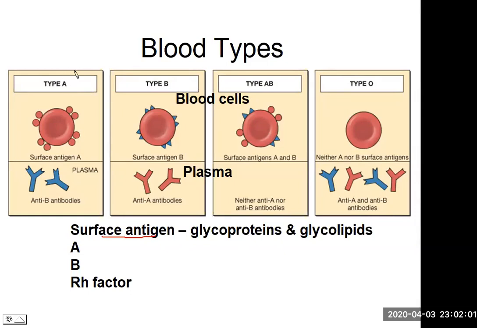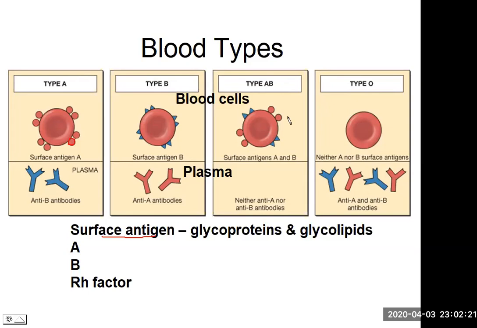So what's known as type A blood, these erythrocytes are marked here with the surface antigen A, represented here by this red circle. Type B blood has the surface antigen B, represented here by this blue triangle.